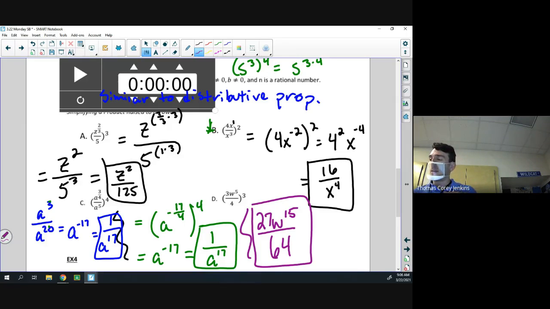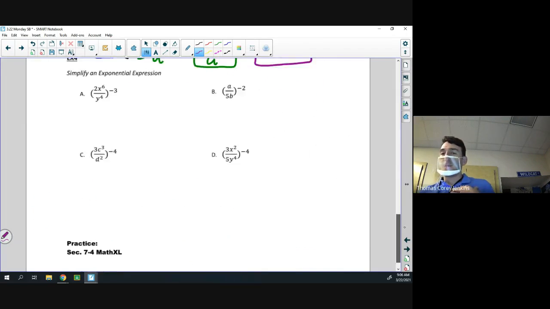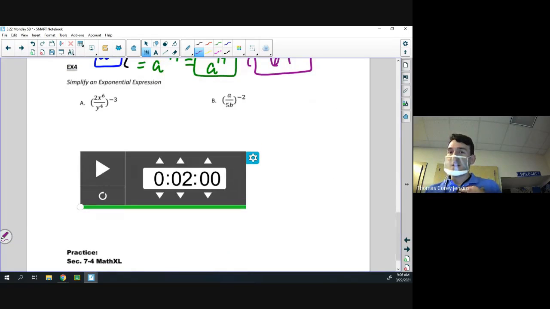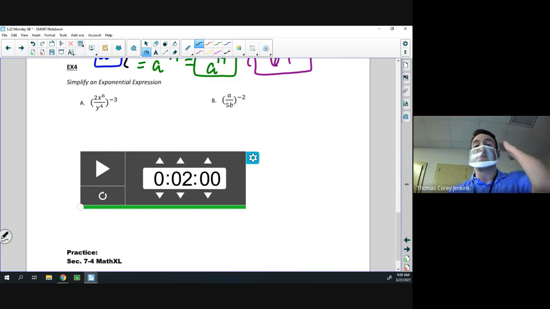All right, let's do just a couple more with these negative exponents, and that'll be it. Okay, so I think the smartest thing to do here is just approach these as if they were positive exponents. In other words, just take everything in the parentheses to the power of negative 3.